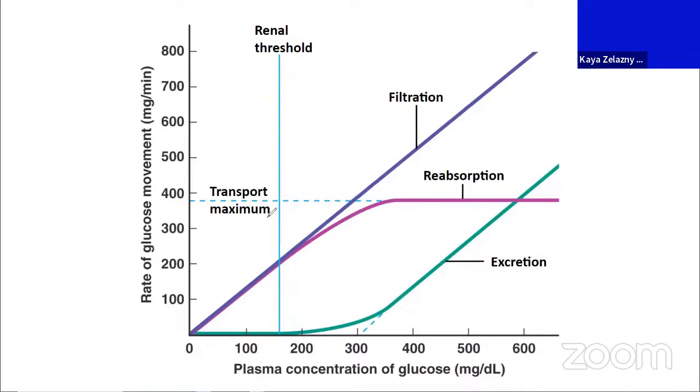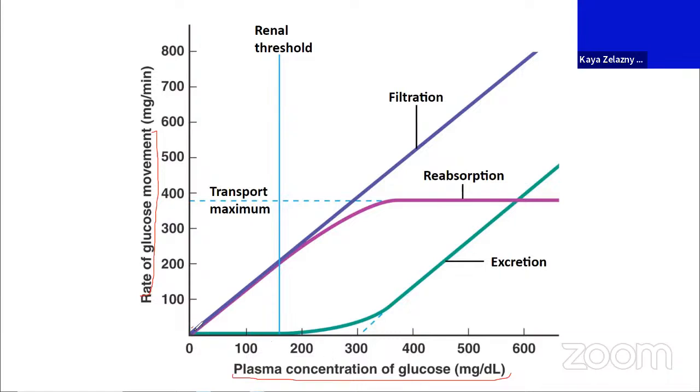So what's happening here, right? If we piece together some of our different concepts, glucose is freely filtered at the glomerulus. So we're looking at the rate of glucose moving relative to how much glucose there is in your blood, right? So rate of glucose versus plasma concentration of glucose.